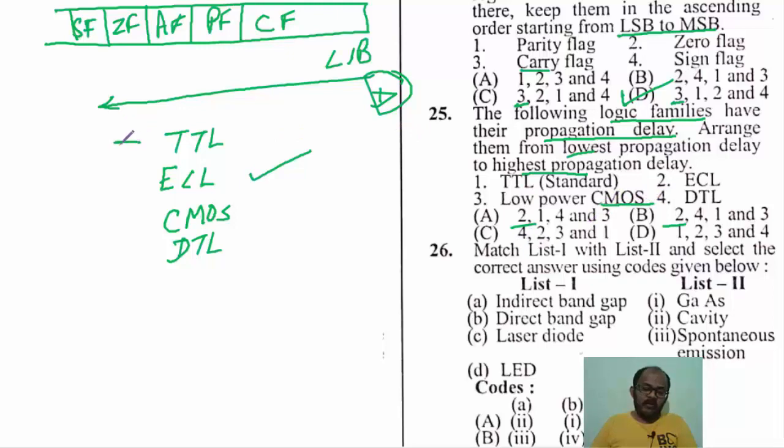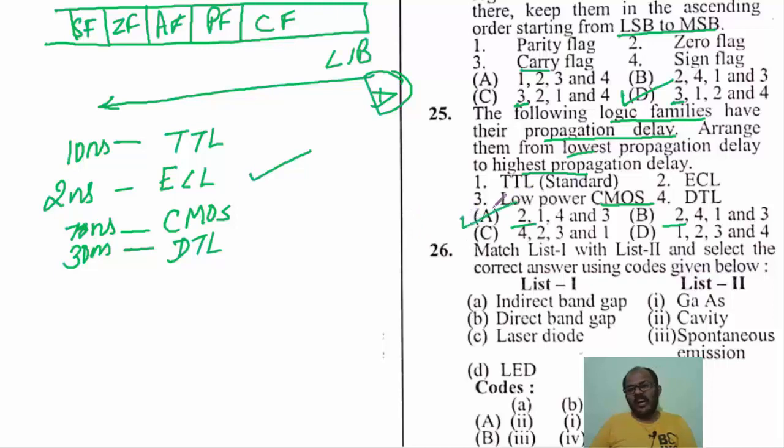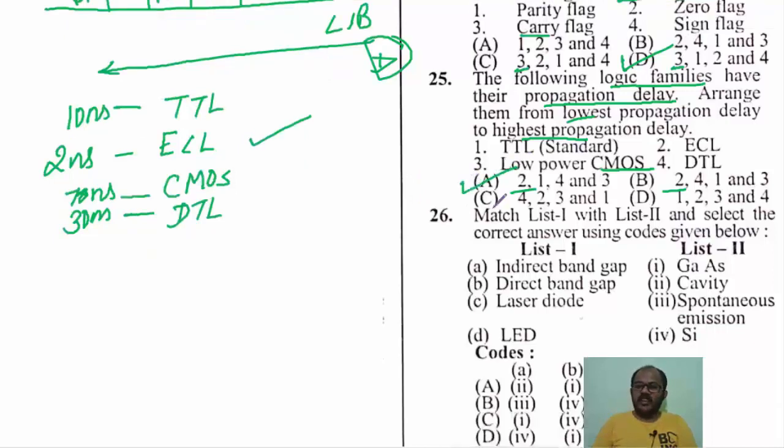These values you have to remember. TTL is of the order of 10 nanoseconds, DTL will be of the order of 30 nanoseconds, CMOS will be of the order of 50 to 70 nanoseconds, and ECL will be of the order of 2 nanoseconds. So based on this, I will be getting option A as the correct answer.